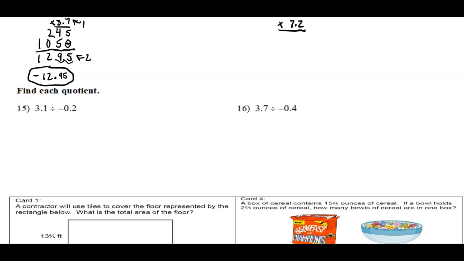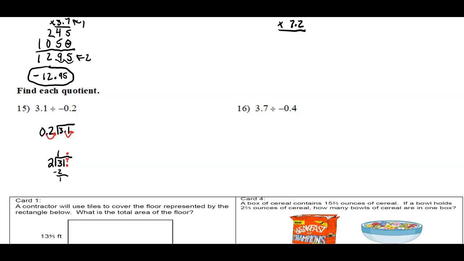Again, for 15, the second number goes on the outside, so 0.2 on the outside, 3.1 on the inside. We've got to swoop to make this a whole number, so swoop here. So my new division problem is 2 into 31. Make sure you put the decimal right away and scoot it up top. Copy that down exactly. So can 2 go into 3? Yeah, one time.